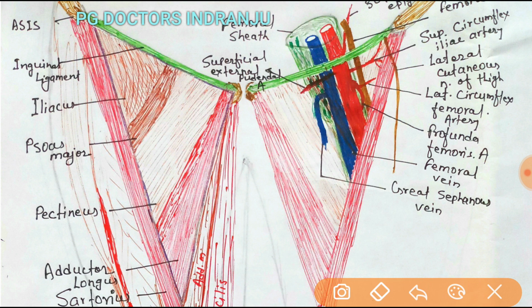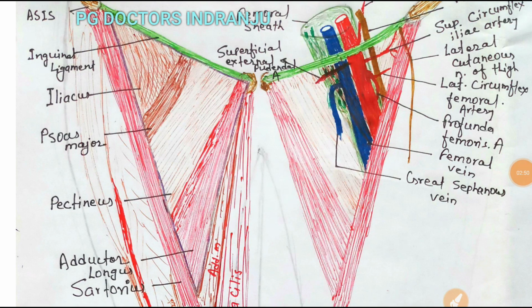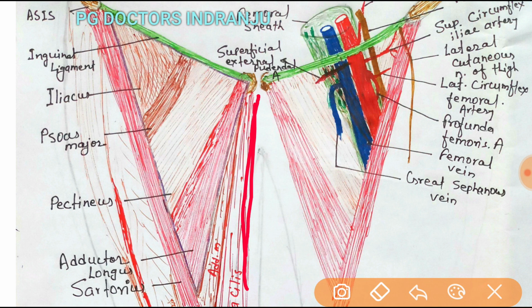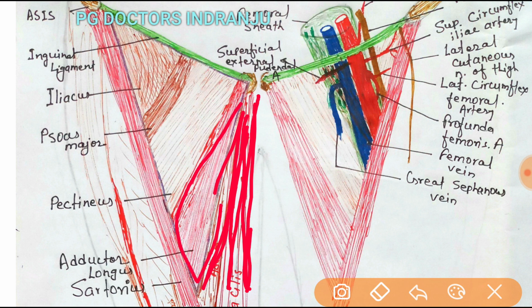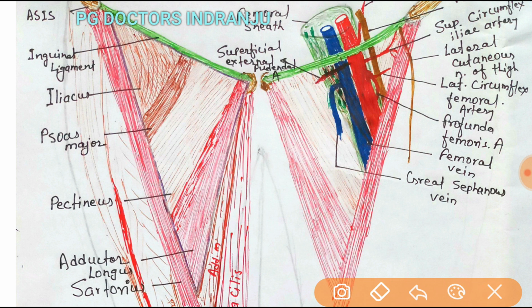Among the muscles situated in the anterior region of the thigh, the medialmost is the gracilis muscle. Then the adductor magnus, and after that the adductor longus. Then this is the adductor magnus and this is the gracilis.